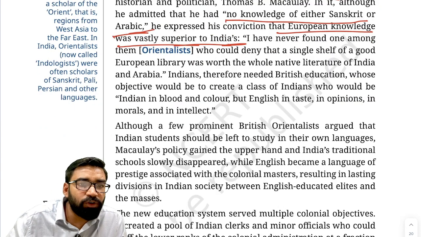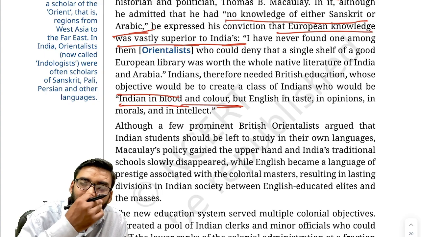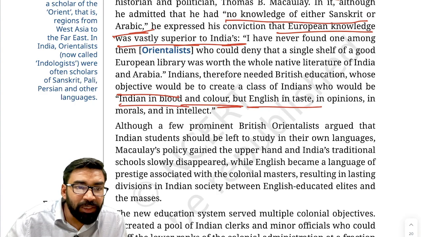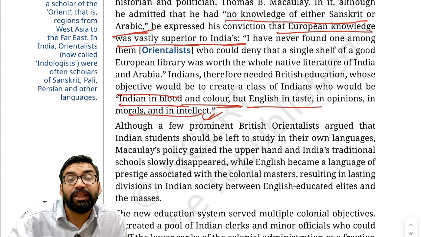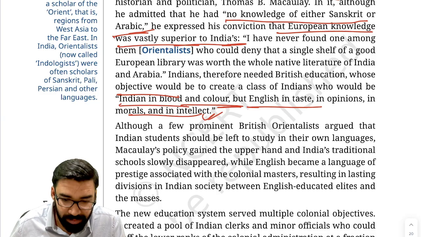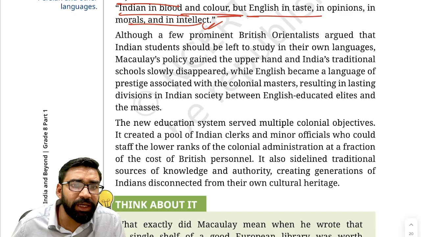Indians in blood and color, but in thinking, in taste, in opinions, in morals, in intellect, they will be English. So basically, they wanted to brainwash Indians. Clear? So in this way, Macaulay's policy actually gained the upper hand.